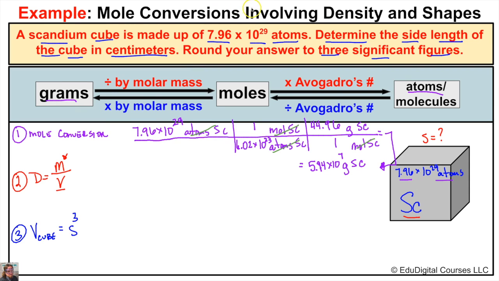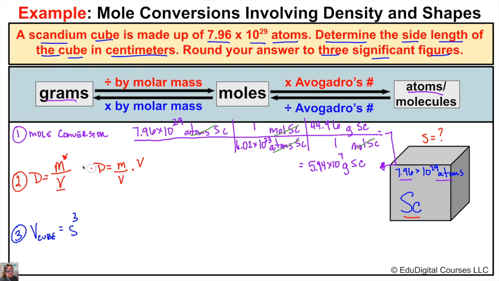What we now need to do is use the density formula and figure out the volume of this cube. So let's do that. If we know that density equals mass divided by volume, and we're going to try to figure out what the volume is, then we need to isolate V all by itself on one side of that equal sign.